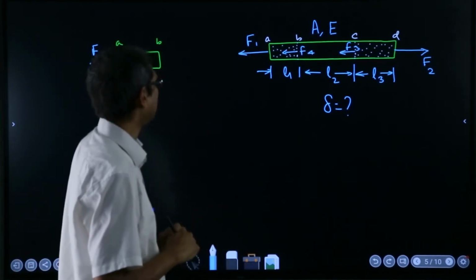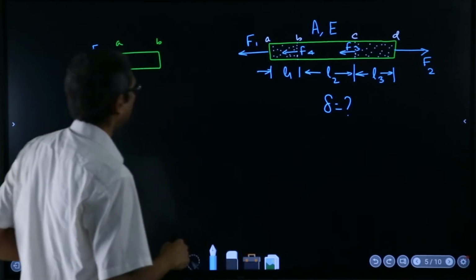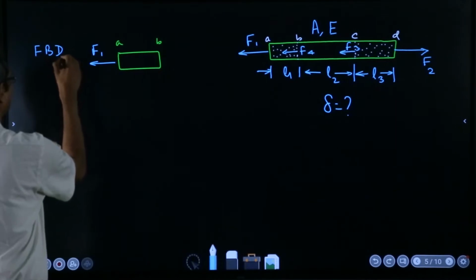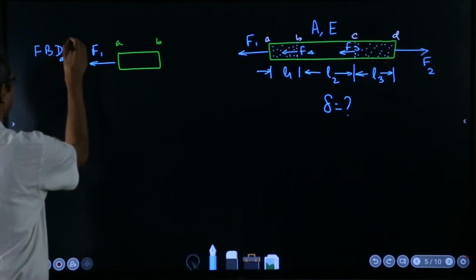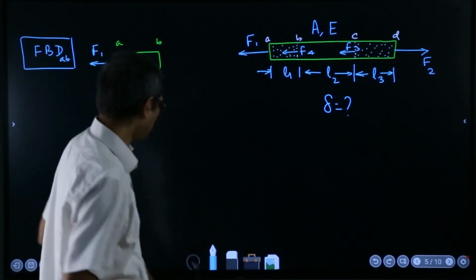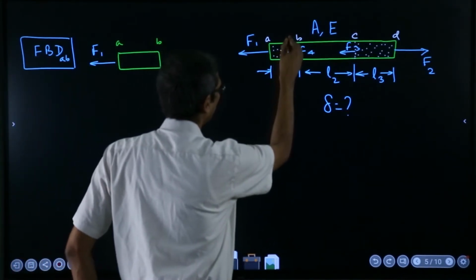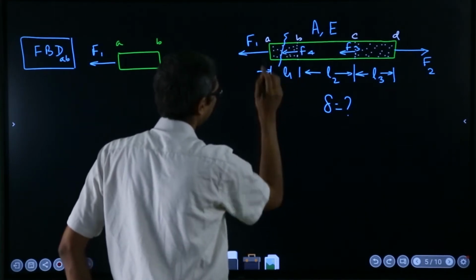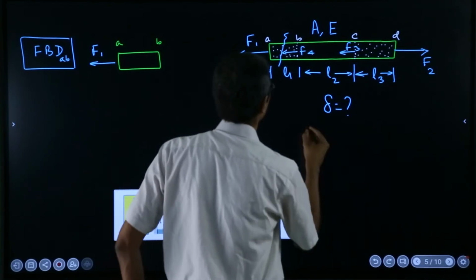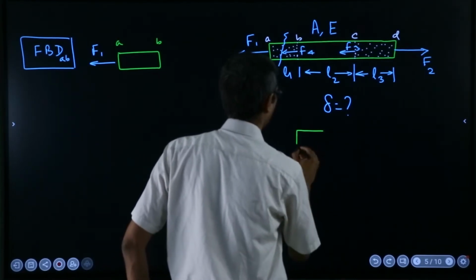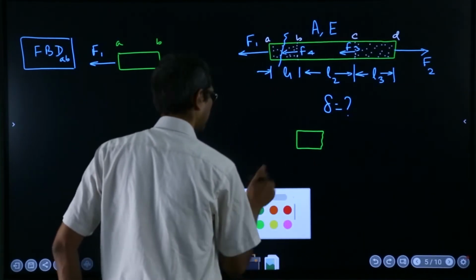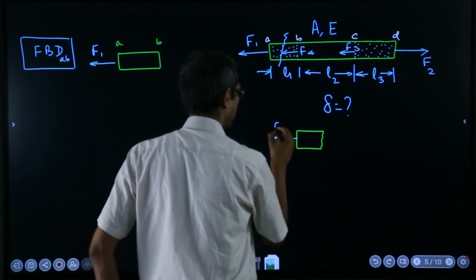For this free body diagram, FBD of AB, you can go to an arbitrary cross section, and I am doing it here, and see what is the force coming there. Now this side F1 is coming.